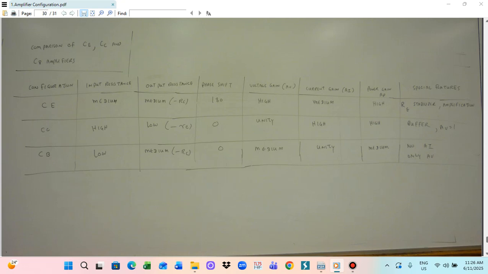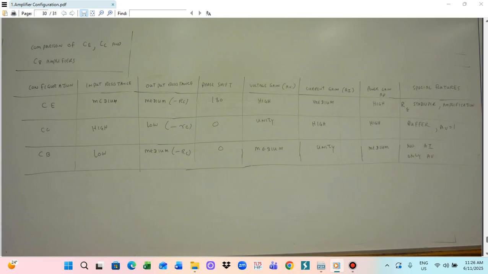For the CE, the input resistance is medium, the output resistance is medium, so this is minus RC. Phase shift is 180 degrees. Voltage gain AV is high. Current gain is medium, and power gain is high. A special feature is that we utilize RE as a stabilizer.